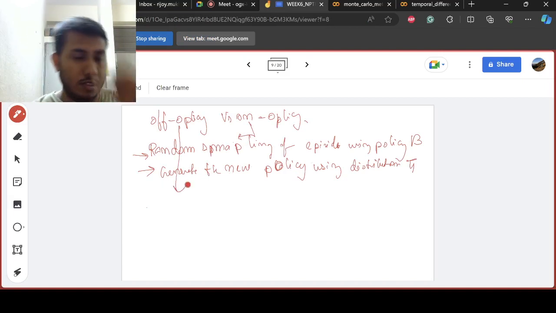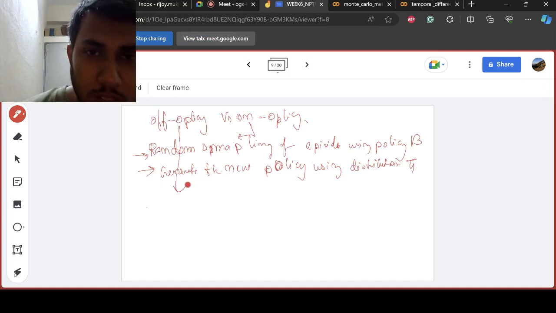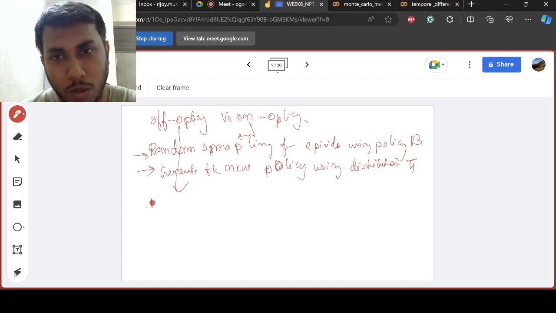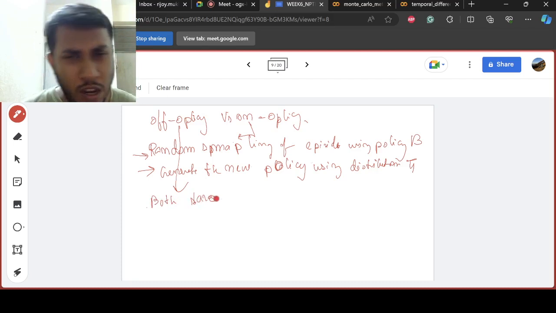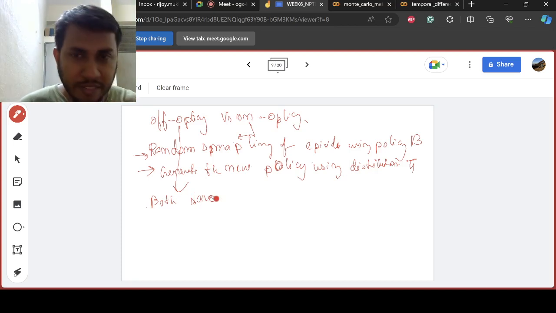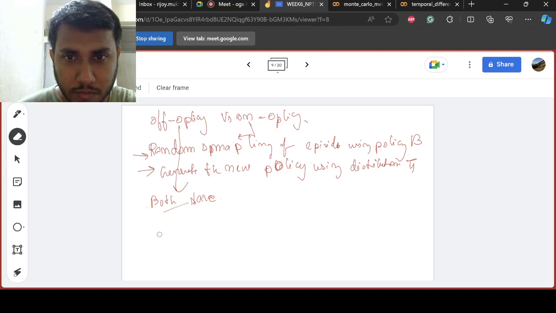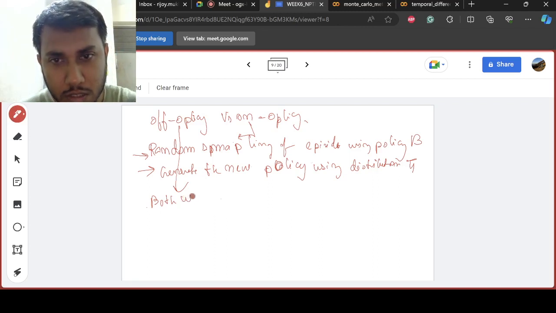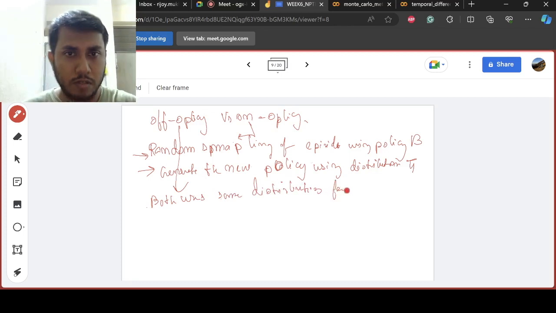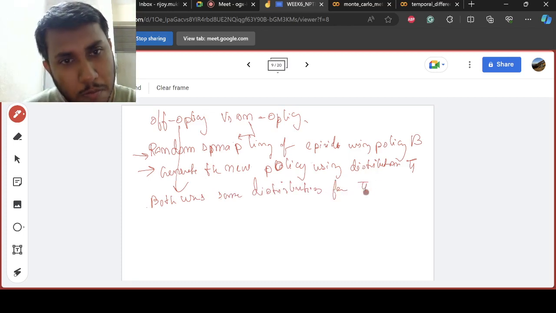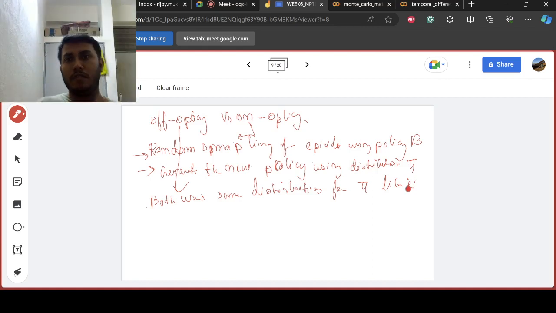What is off policy? In on policy, both use the same distribution pi.